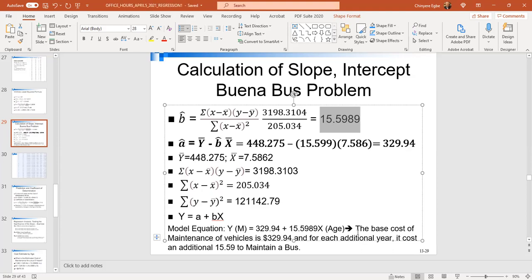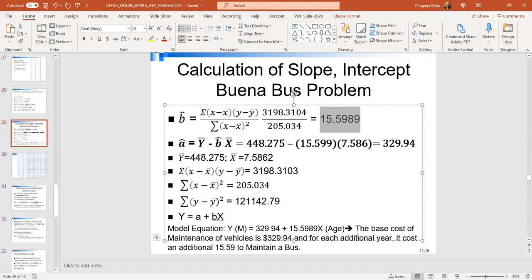Even if you don't drive, even if it's a brand new car and you don't touch it, the base cost of maintenance is $329, because you change oil, you run the engine every now and then to make sure the engine is still working and all of that. And then for every 1 year additional in the age of the bus, the cost of maintenance will increase by $15.59.